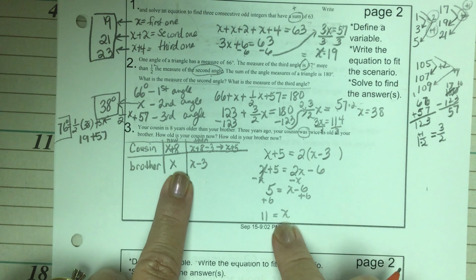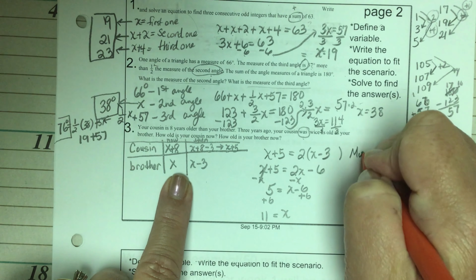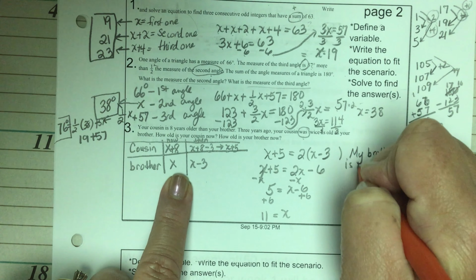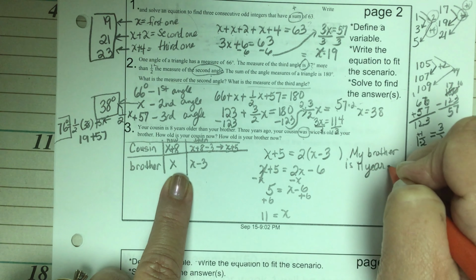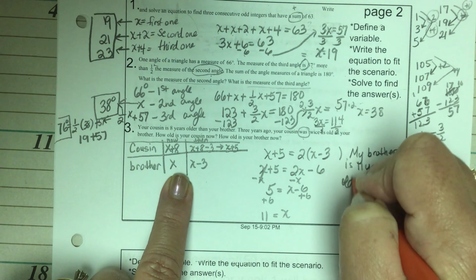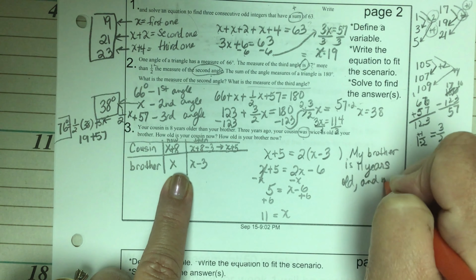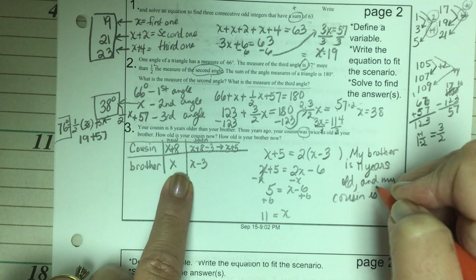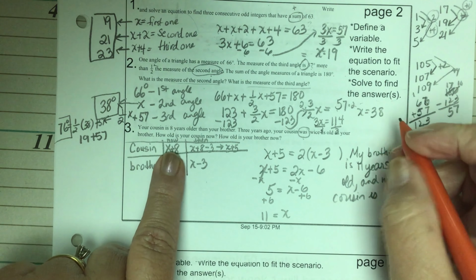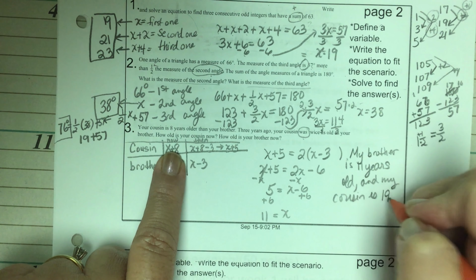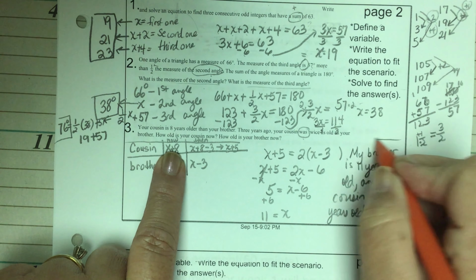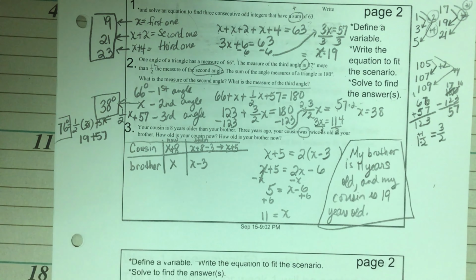So my brother is 11. And my cousin is 11 plus 8, which is 19 years old. Okay, that's the answer to number 3.